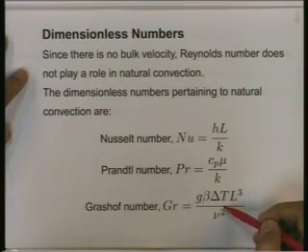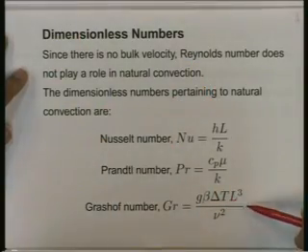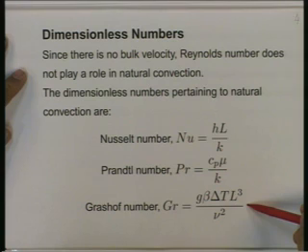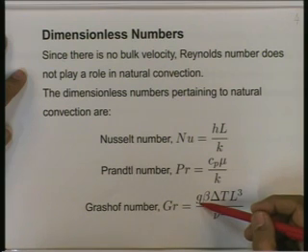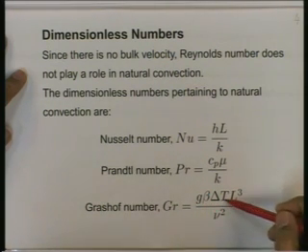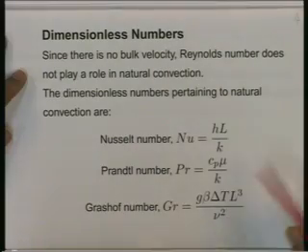Since Reynolds number doesn't exist, but the whole process of natural convection is caused by temperature difference leading to density difference, leading to buoyancy force and flow, the temperature difference would be represented in a dimensionless number, and that dimensionless number, a very common number in natural convection correlation, is the Grashof number. It has the gravitational acceleration, coefficient of expansion, temperature difference, length and viscosity.